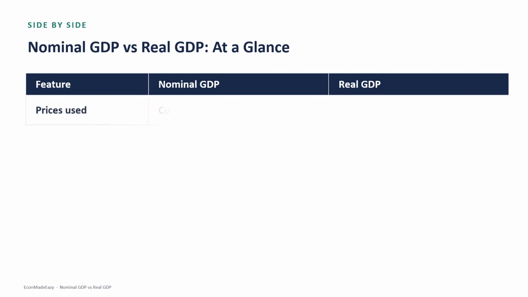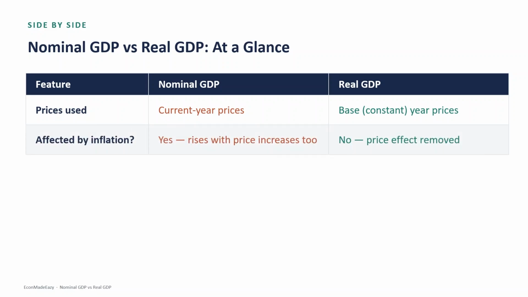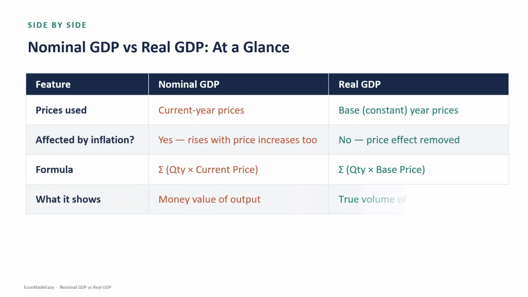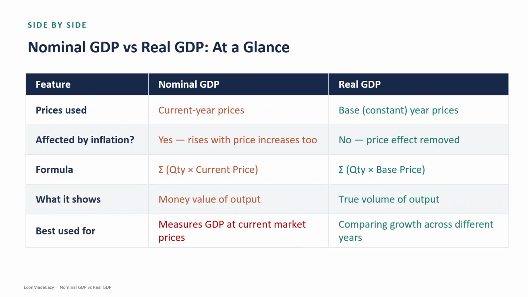Nominal GDP uses current year prices, while real GDP uses base year prices. Nominal GDP reflects both price and output changes, while real GDP focuses on changes in actual output. And that is why real GDP is more useful for comparing economic growth over time.